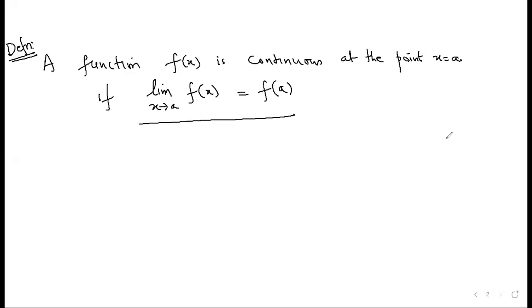You cannot have x coordinate 2 with 2 points, then it would not be a function. So to define a function, only the x coordinate is required. At the point x equal to a means at the point where the x coordinate becomes a. Have you written the definition? Yes, sir. Okay, now I'm going to ask a student.